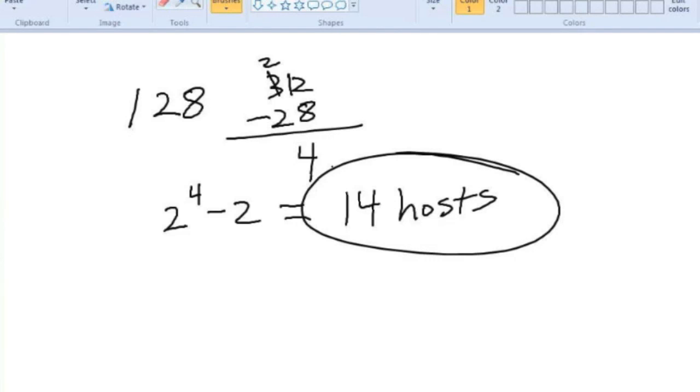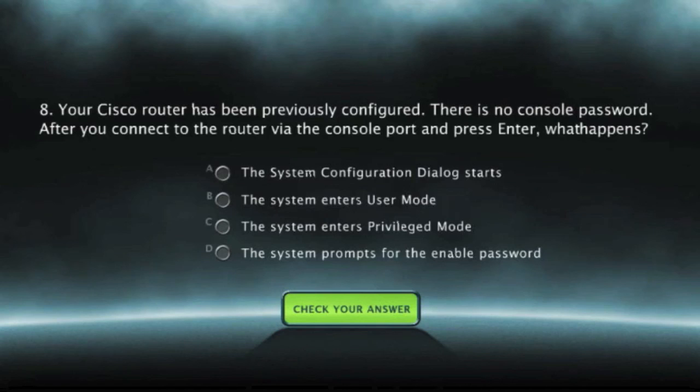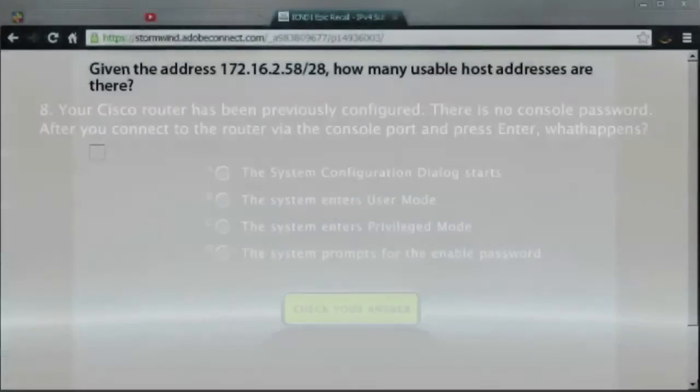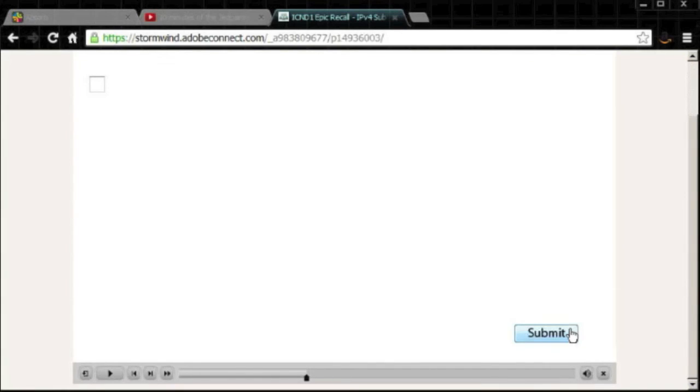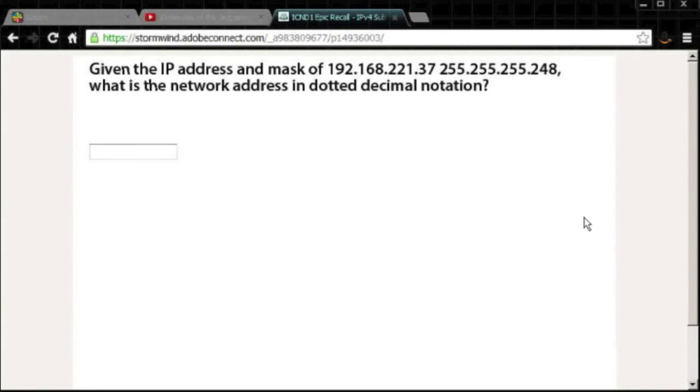Great work. So you can see a big part of this is reading carefully. That's the biggest part of this. What exactly is the question asking?